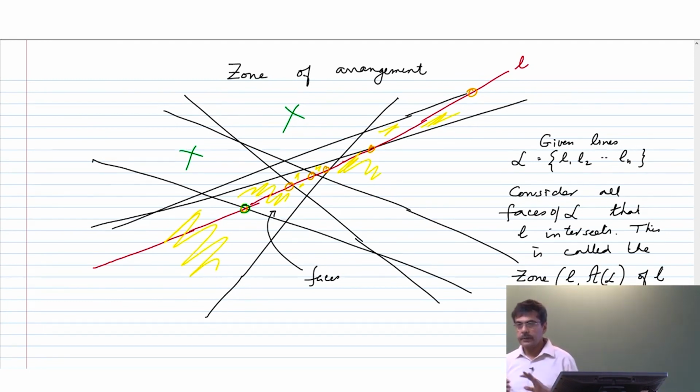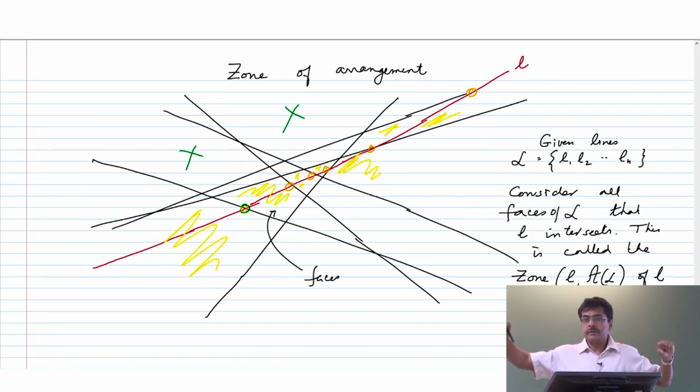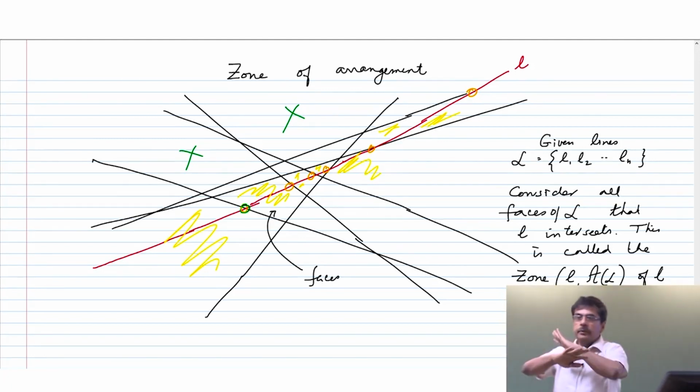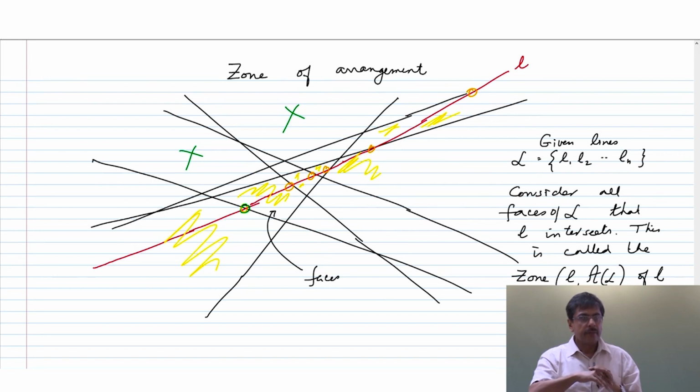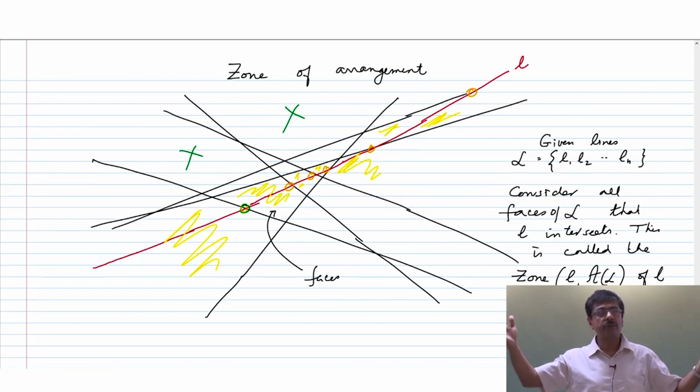You can think about it like this: the red line is illuminated and all the lines are opaque. If I illuminate this, look at the part of the arrangement that lights up. The light cannot pass through the lines. So, that basically is the zone of the arrangement.